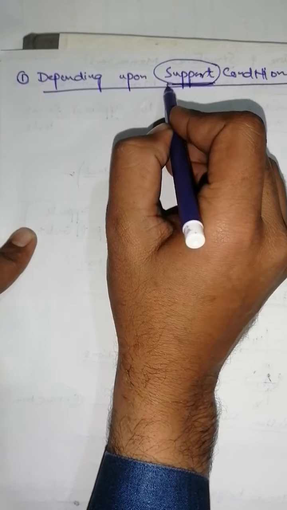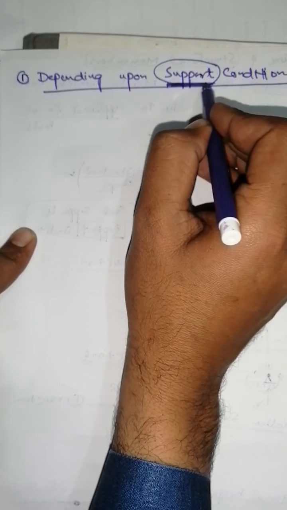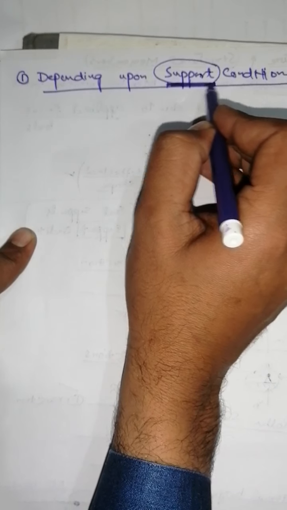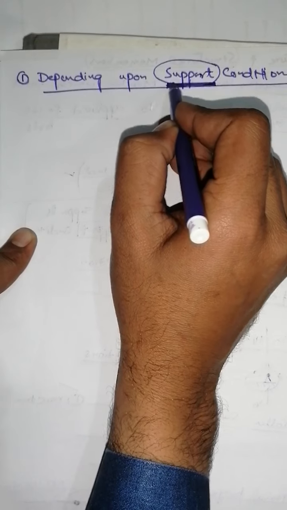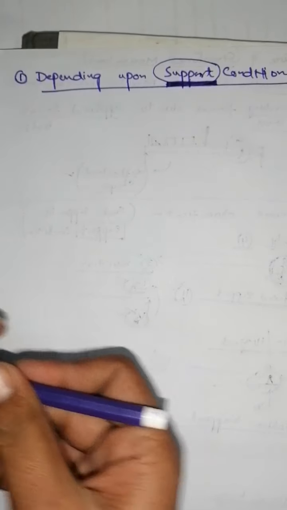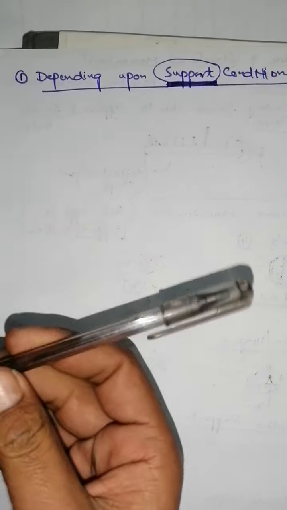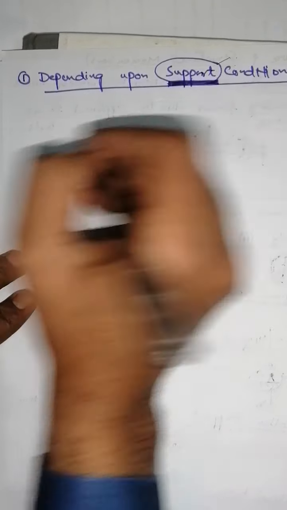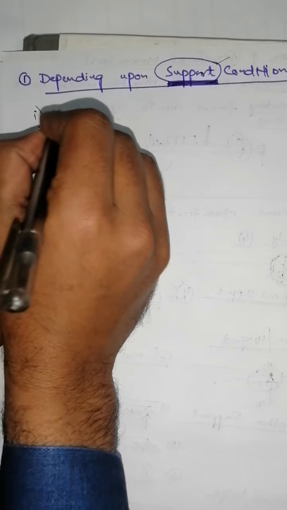Support is any obstruction provided at the ends or any location of a member to restrict any type of movement, bending or vertical movement or horizontal movement. So according to support conditions, first of all we have the cantilever beam.